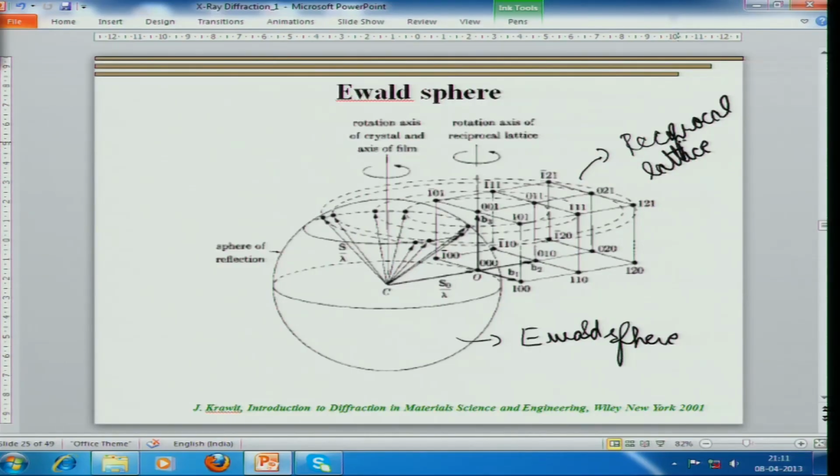Different X-ray diffraction techniques use different ways of either changing the Ewald sphere or the reciprocal lattice, in terms of crystal rotation, so that they come into coincidence and we can get diffraction.